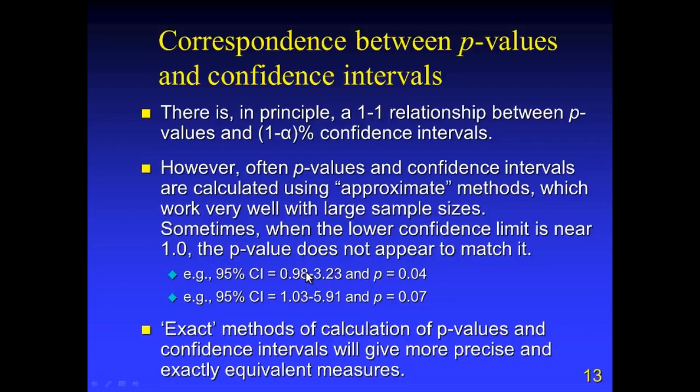It's got a lower limit of 0.98, or you could find something like this: a confidence interval which excludes the null value, only just, but the p-value is not less than 0.05, it's 0.07. So these sorts of results can occur because different statistical tests are being used in the software package to calculate the confidence interval and the p-value, and they're not exactly corresponding.